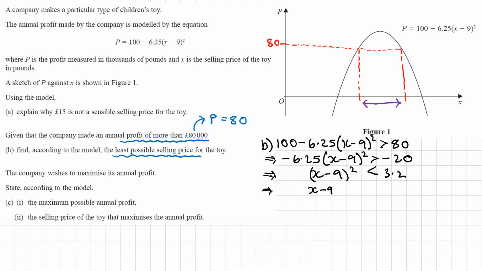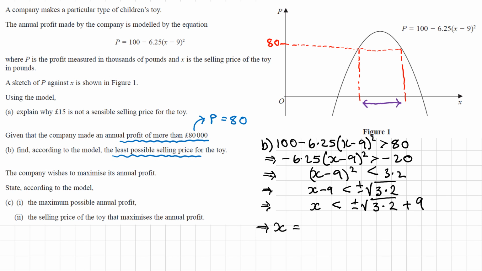So x minus 9 is less than, and because we're rooting, we need to consider the positive and negative square root. That's not a problem, because when I add 9 to both sides, I may in fact find that even with the negative square root, I end up with a positive answer. So let's see what two values of x we get.